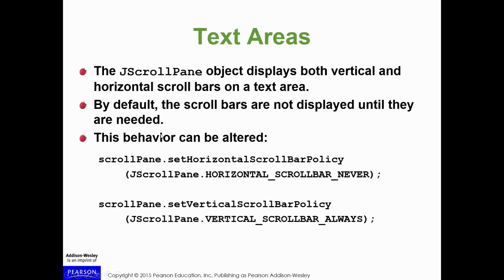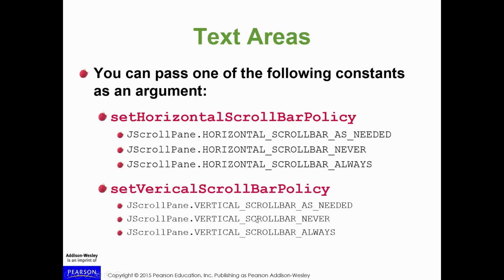They're added very much in the same way that we looked at before. When you create the scroll bars, automatically a vertical and a horizontal will be displayed. Sometimes you need one but not the other, so you can alter it by only putting in the one that you need. So this would never put in a horizontal, this would always put in a vertical, etc. And as it says, you can pass one or more of the following constants as an argument.